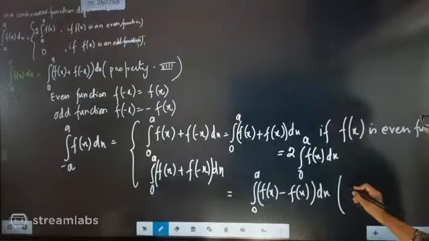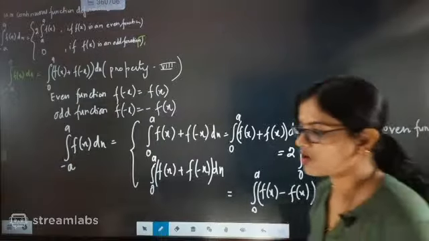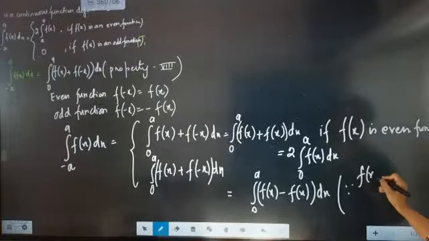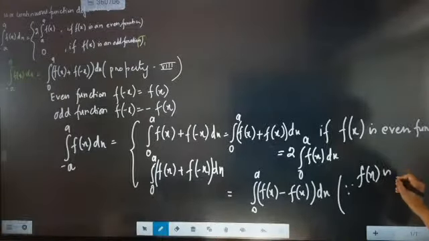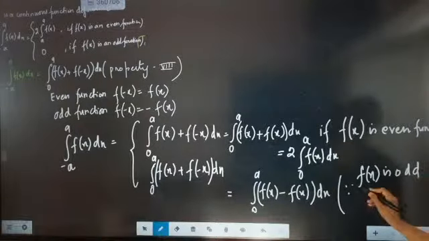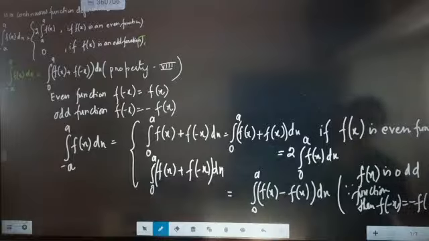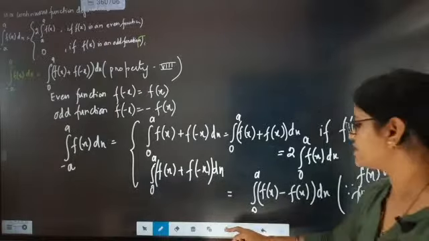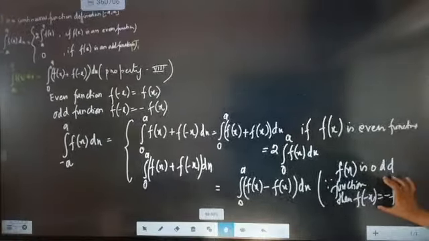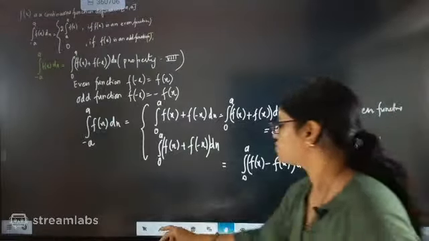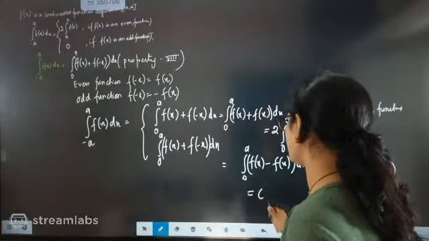The reason behind this is, we know one very important thing: when f of x is an odd function, then f of minus x is minus f of x. So this part is exactly going to become 0.